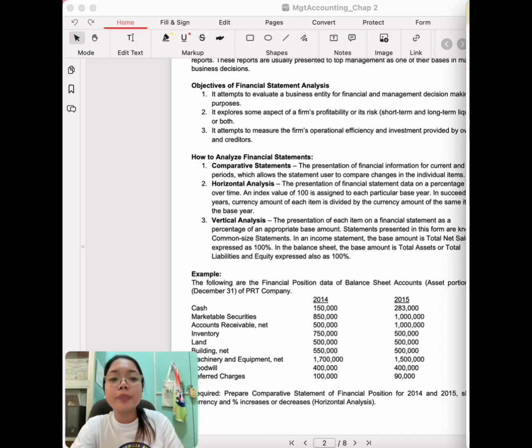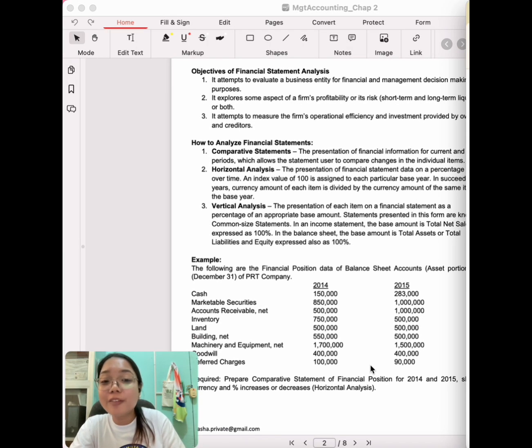So, yung module natin, meron tayong sample problem dyan na PRT company. It shows na yung cash nila nag-increase from 150,000 pesos to 283,000 pesos or 133,000 pesos and 88.7%. While total assets increased by 273,000 or 5%.